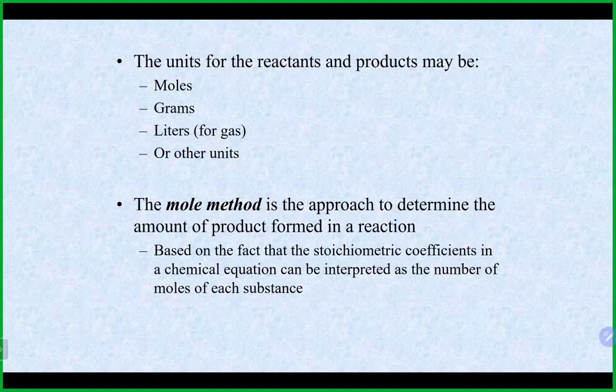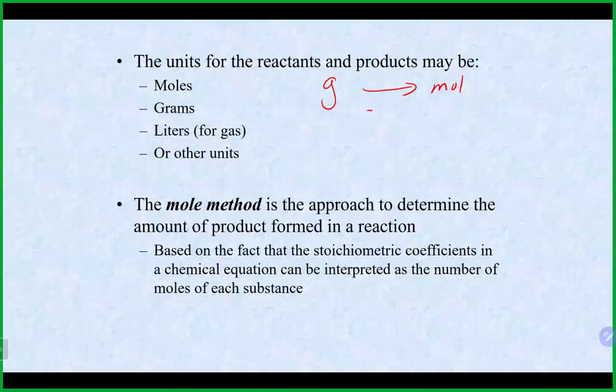The basic stoichiometry problems in this chapter revolve around a calculation that we've done before, which is grams to moles. Remember that if you want to convert from grams to moles, or going backwards, moles to grams, we use the molar mass to do so.